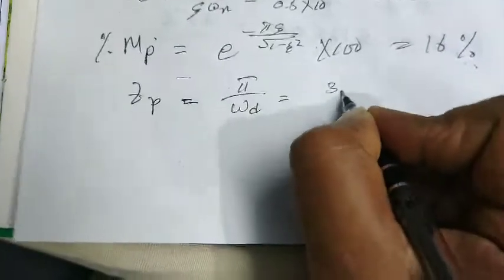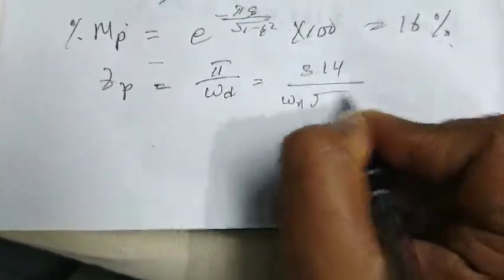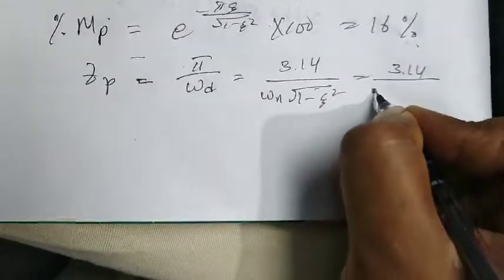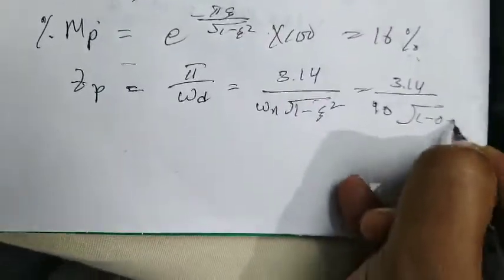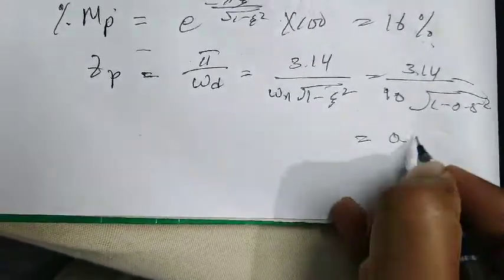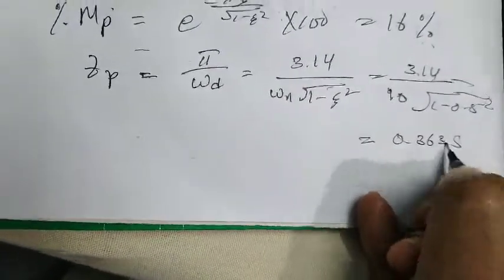So that is 3.14 by omega d, where omega d is given by omega n under root 1 minus zeta square. So I'll get 3.14 divided by 10 under root 1 minus 0.5 whole square. So this value I'll get as 0.363 seconds. Thank you.